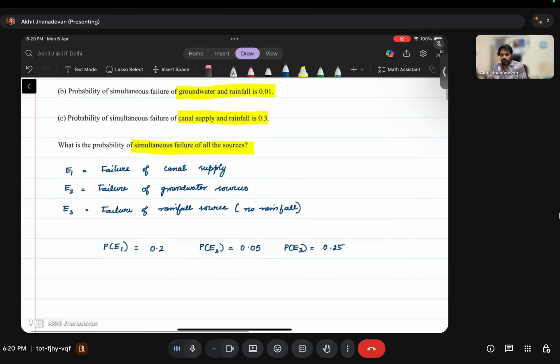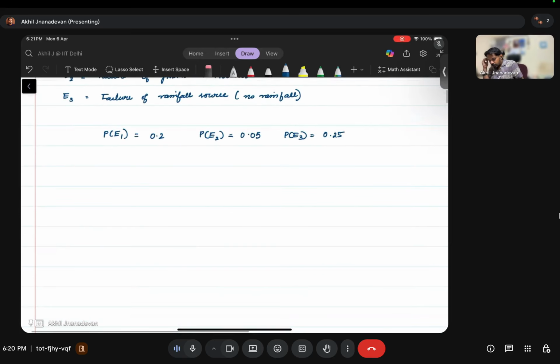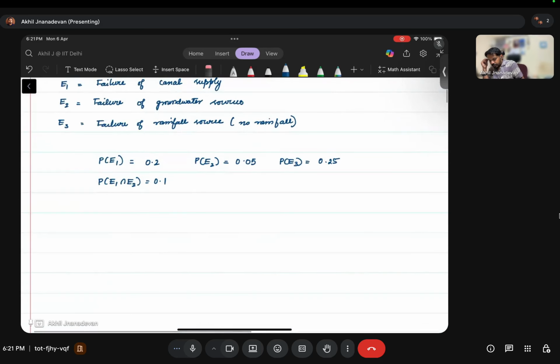So the joint failure of canal and groundwater, that is E1 intersection E2, will fail with probability 0.01. Probability of E2 intersection E3, that is groundwater and no rainfall, is 0.01.